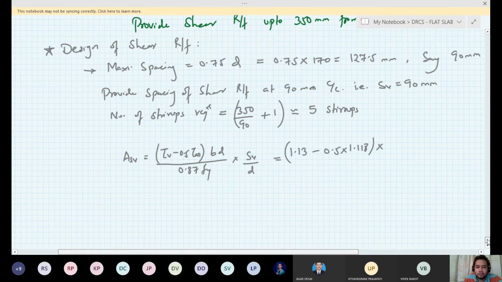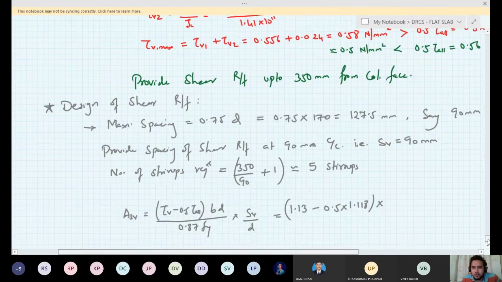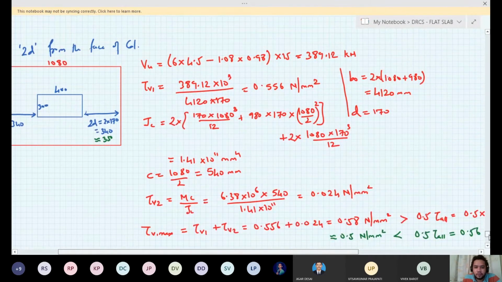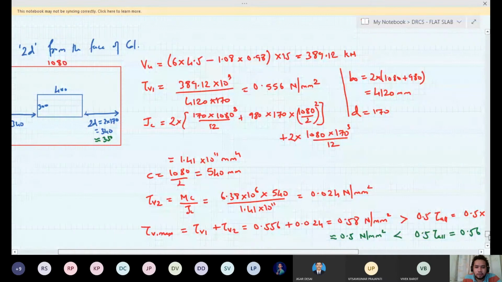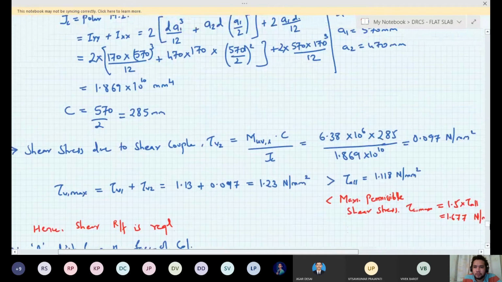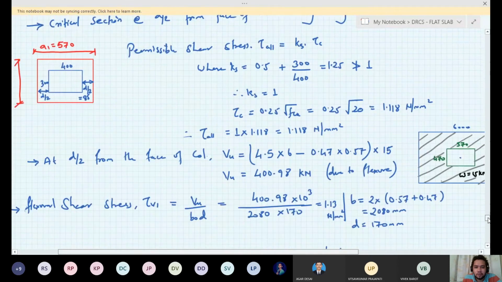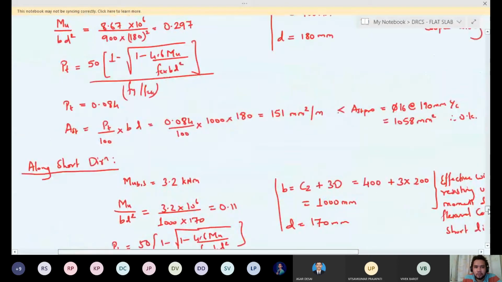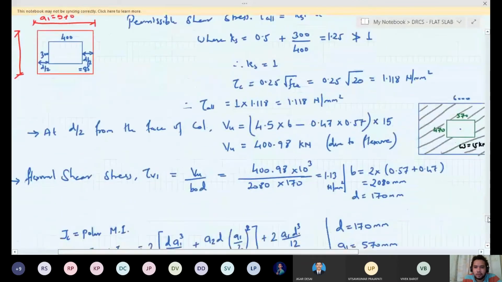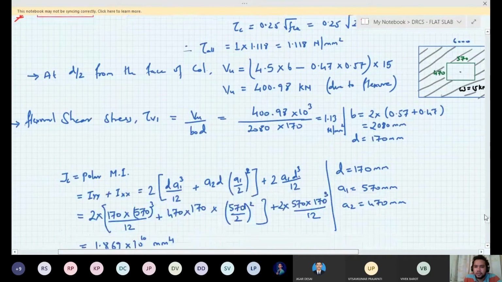Actually, how much was the width? Yes, 2080. So this is the width.